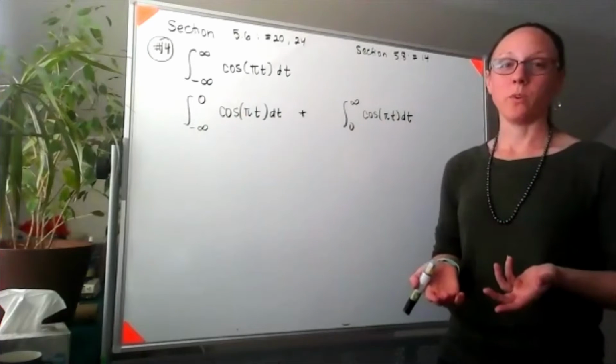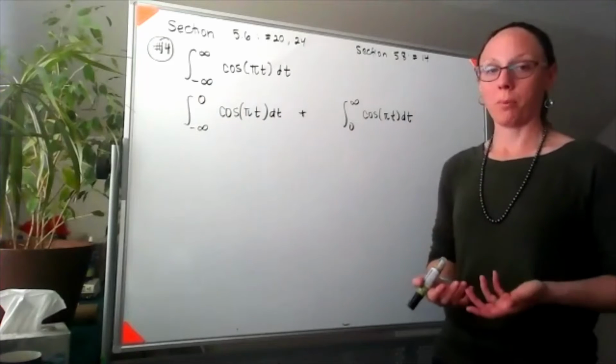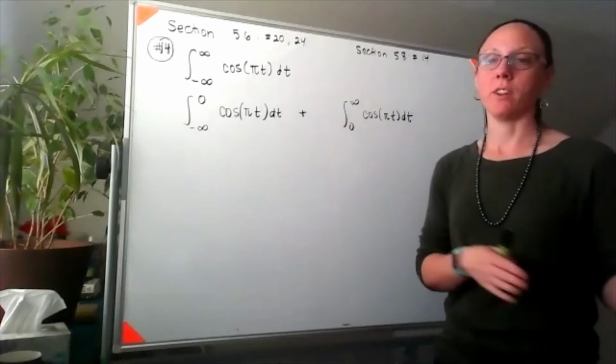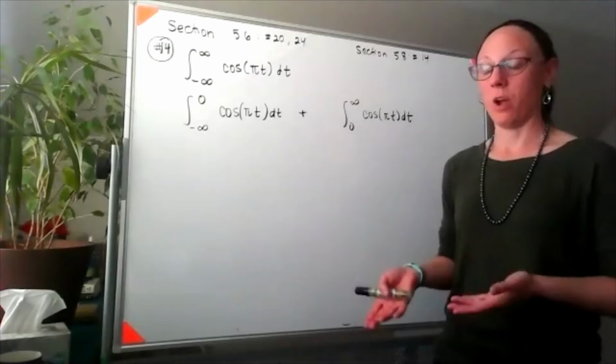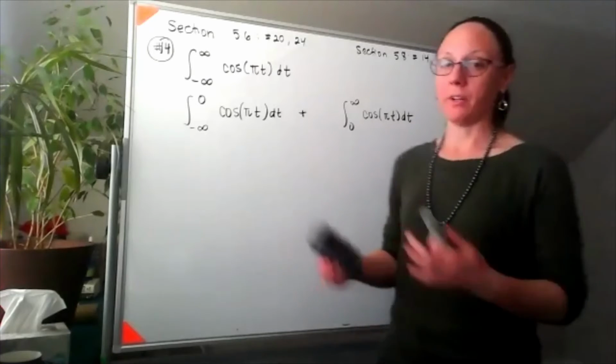Now what I want to do is take each of these improper integrals and make them proper again by substituting those infinity values for limits as something approaches infinity. Doesn't matter what the variable is, I'm going to choose a and b.